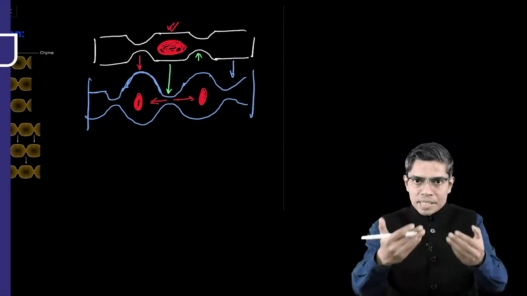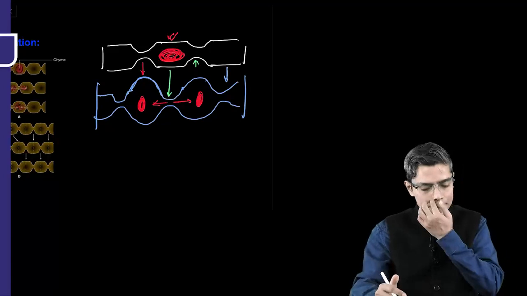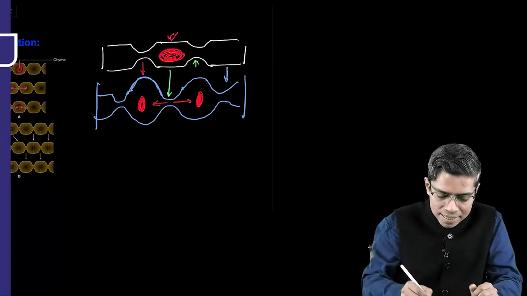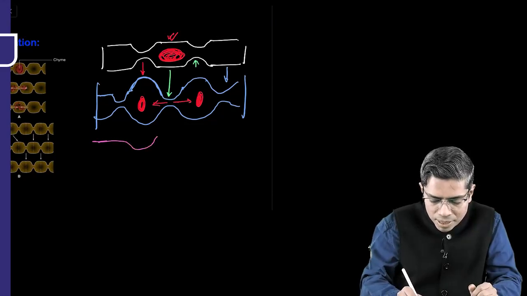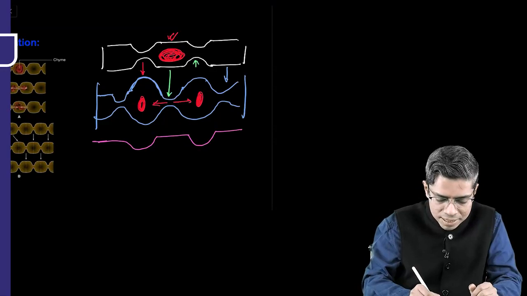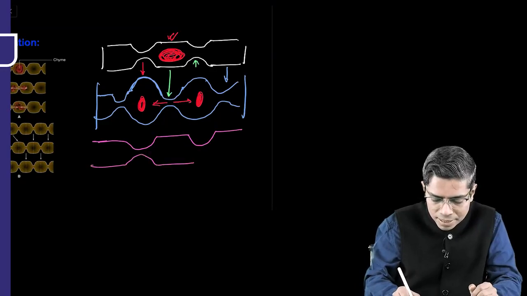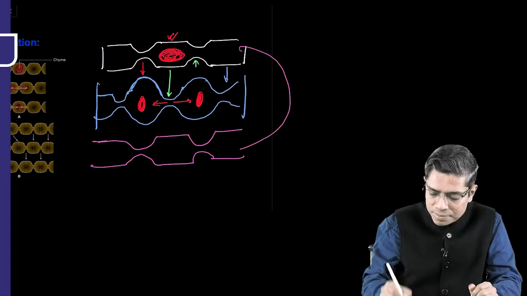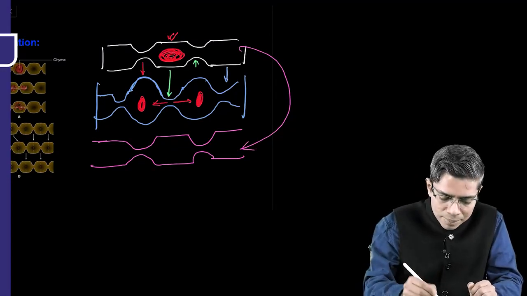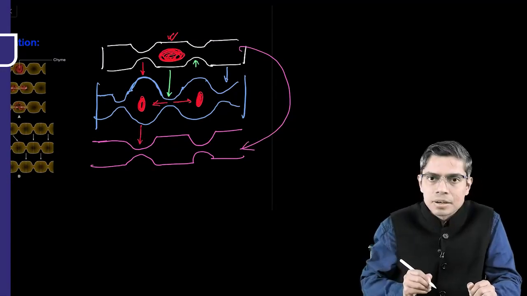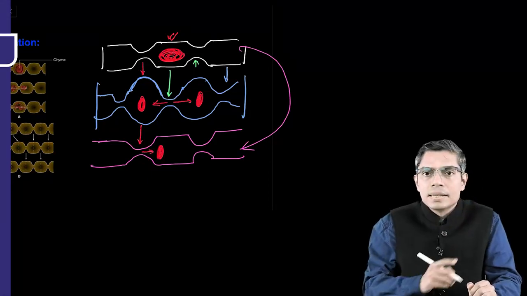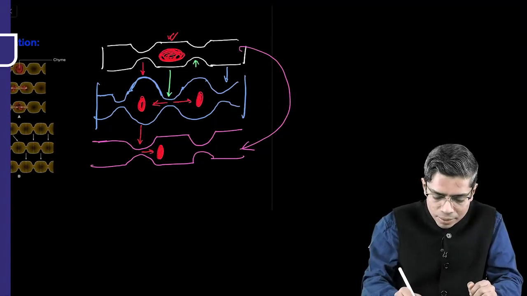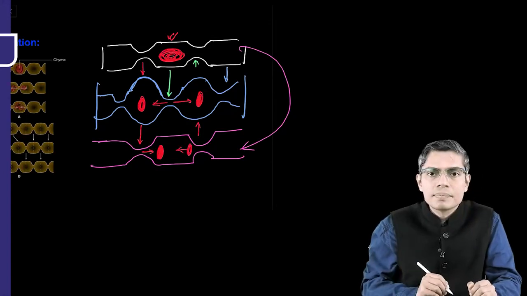Again, in the next moment, the same thing happens. The part which was dilated will now be contracted like this, and the part which was contracted will be dilated. So again a similar kind of picture, similar to the first picture. Whenever the part which was dilated gets contracted, it will push the food bolus in the distal direction, and whenever the other part is contracted, it will push the food bolus in the proximal direction.